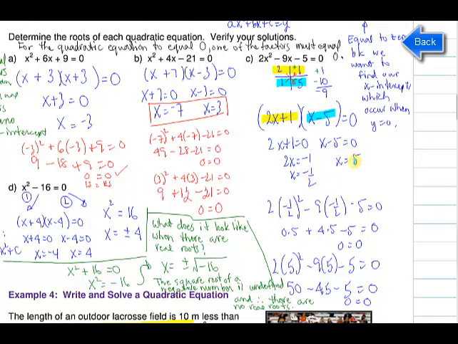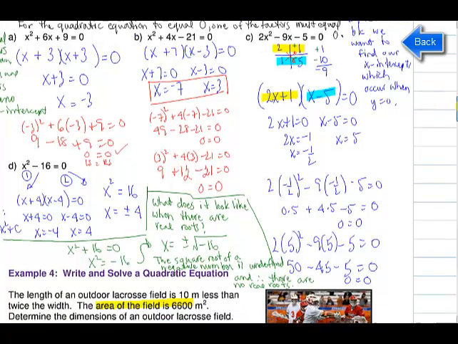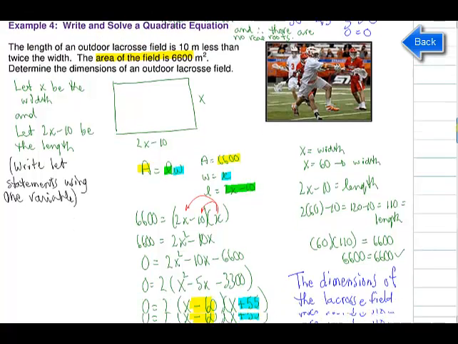When you solve, you get positive 5, right? And over here, you've got positive 4. So when you solve, you get negative 4. And here you have negative 4. When you solve, you get positive 4. So you know, if you want, you can skip the step that reads x plus 3 equals 0, or x plus 7 equals 0, and x minus 3 equals 0, and just go straight from this step to your answer if you like.